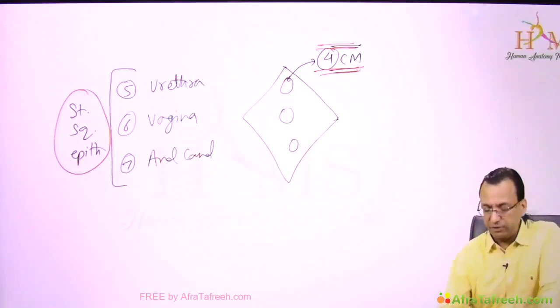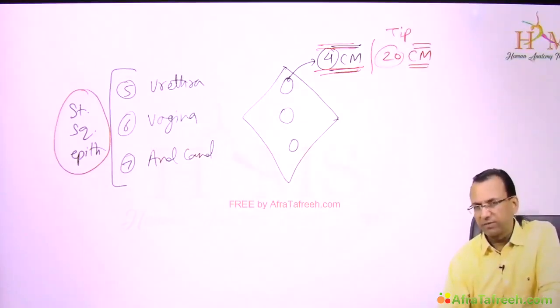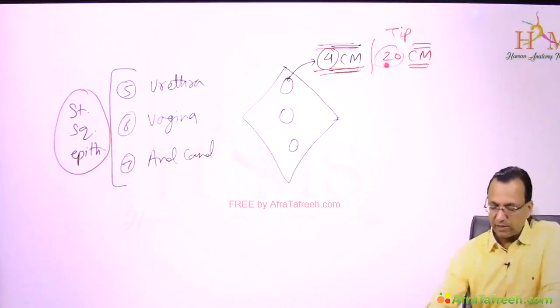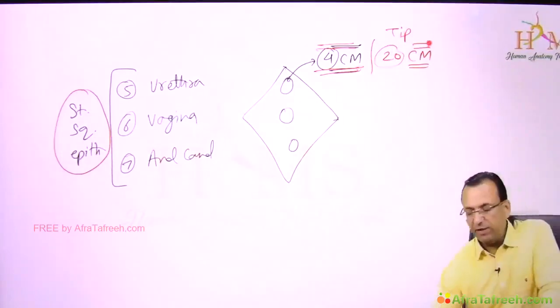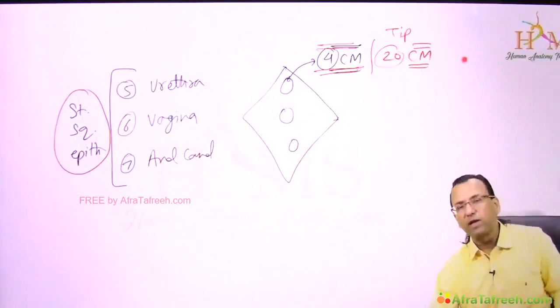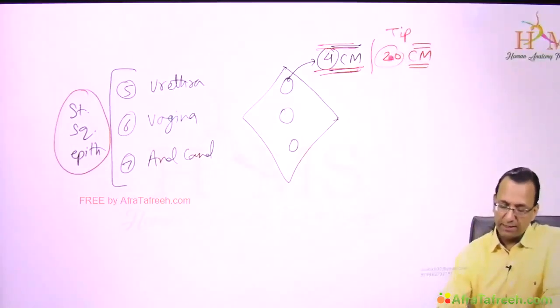In the male urethra, which is actually 20 centimeter long, only the tip will be lined by stratified squamous. Otherwise, the male urethra has a different epithelium. And what is that? That we'll find out by drawing a diagram. But at this moment, just remember, if it is an opening, then it is stratified squamous.